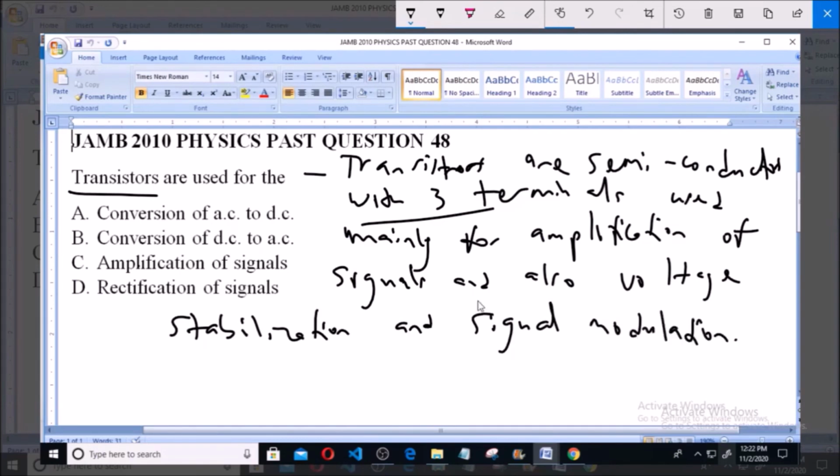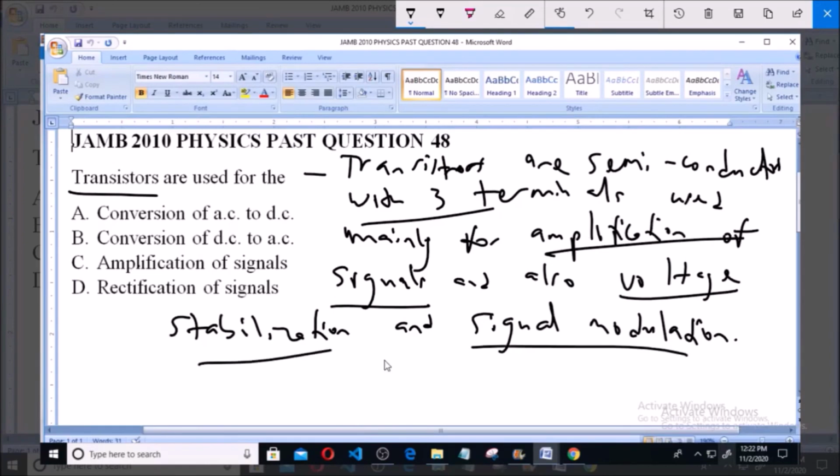So transistors have many functions, but among the numerous functions of transistors we have listed 3: amplification of signals, voltage stabilization and signal modulation.